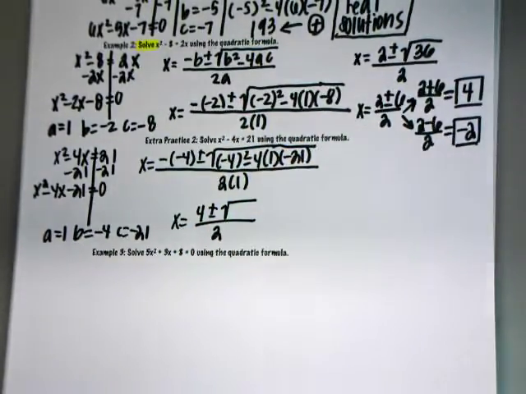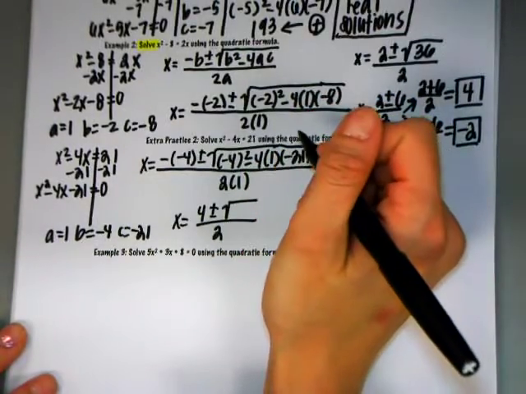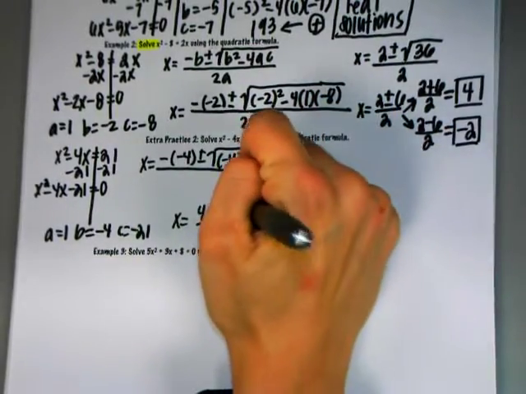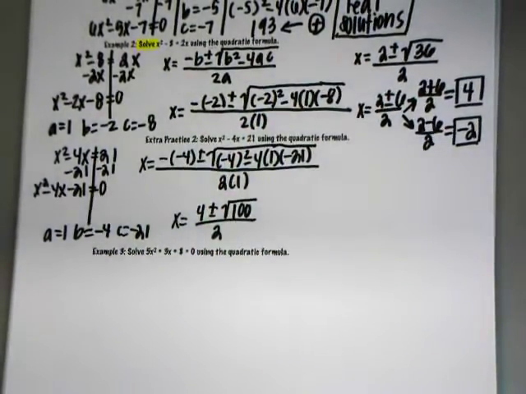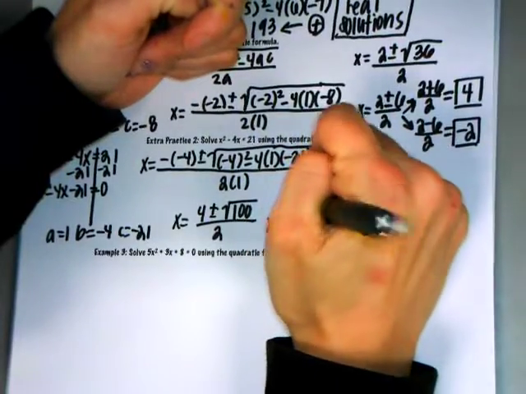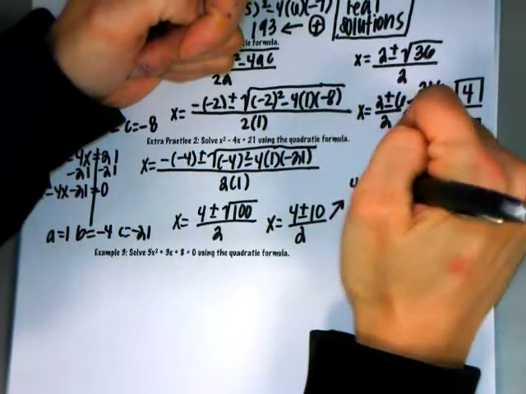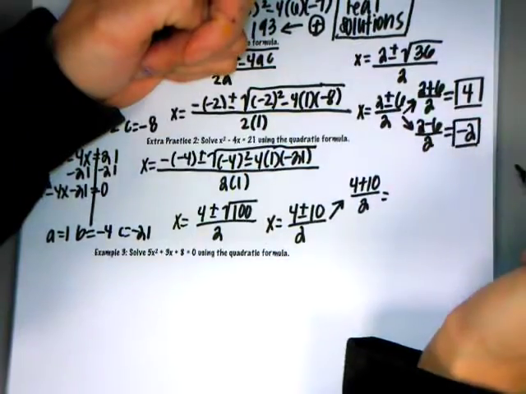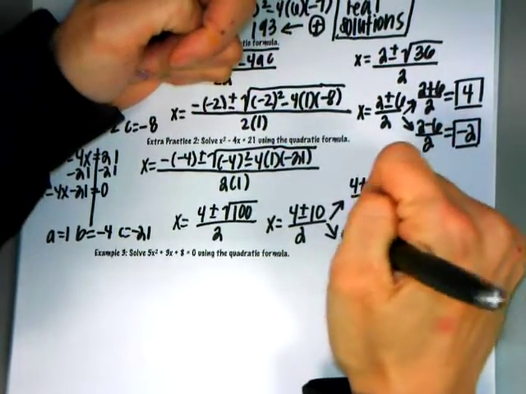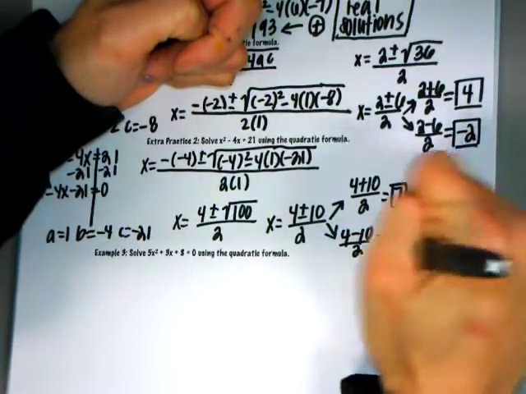What do you get under the radical? 100, yep. Does 100 have a square root? So 4 plus or minus 10 over 2. 4 plus 10 over 2 is going to equal 7. 4 minus 10 over 2 is going to be negative 3. Yep.